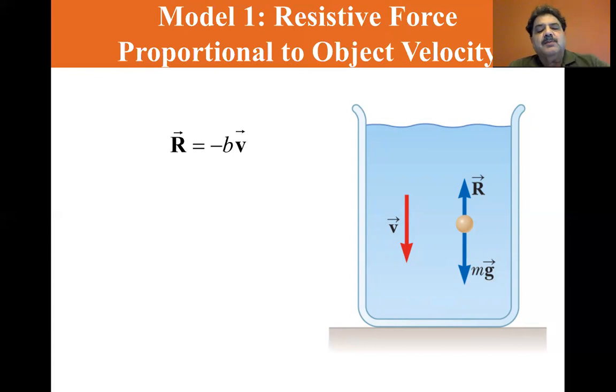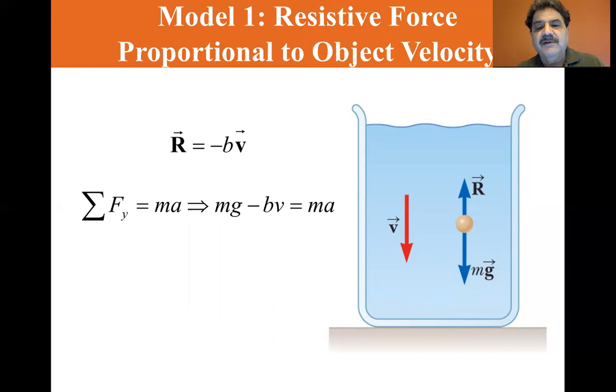Now, consider a small sphere of mass m released from rest in a liquid, as in the figure. We assume that the only forces acting on the sphere are the resistive force and the gravitational force F sub g. We model the sphere as a particle under a net force. We apply Newton's second law to the vertical motion of the sphere, and we choose the downward direction as positive.